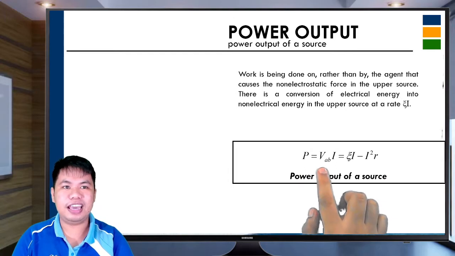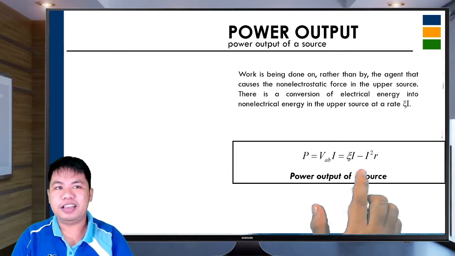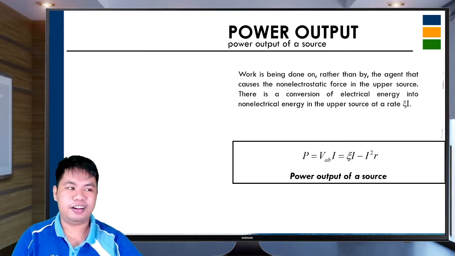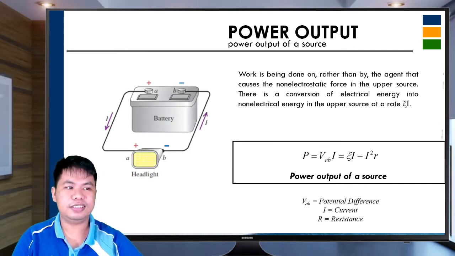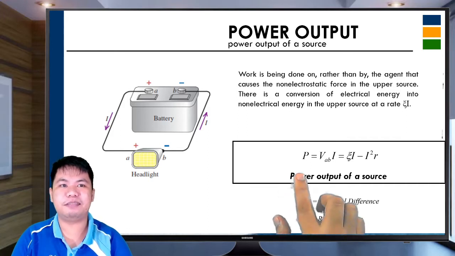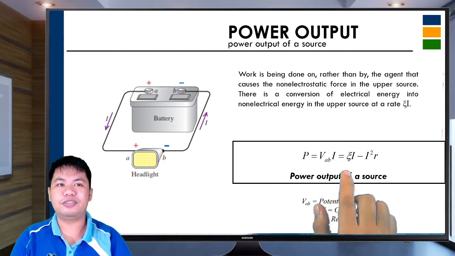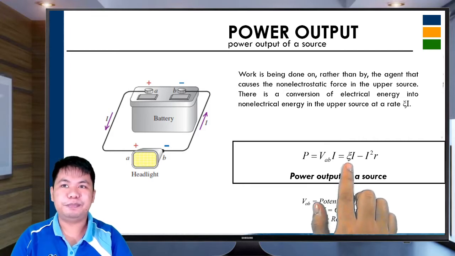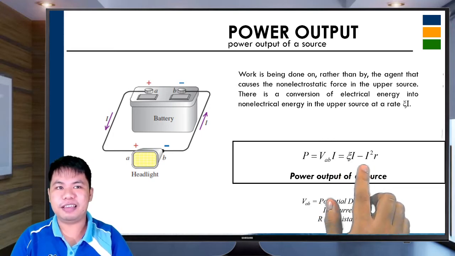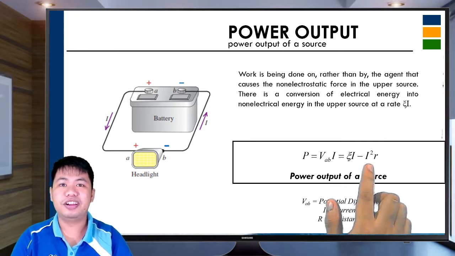It could be VI equals EI minus I squared R. Again, this is the power output of a source: the theoretical value of the EMF times the current, minus the power dissipated due to the internal resistance within your source.